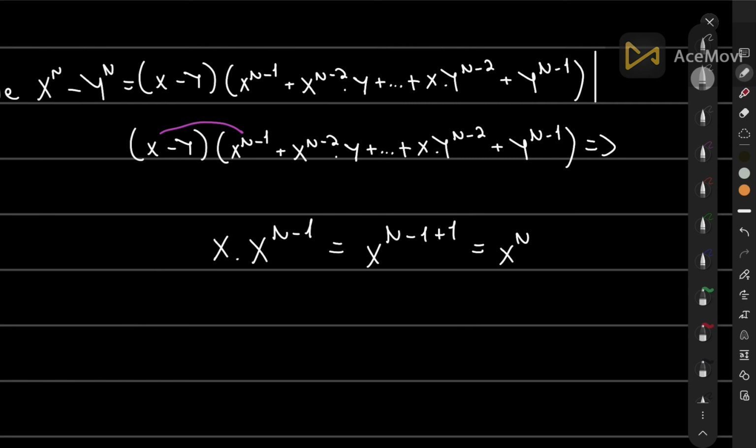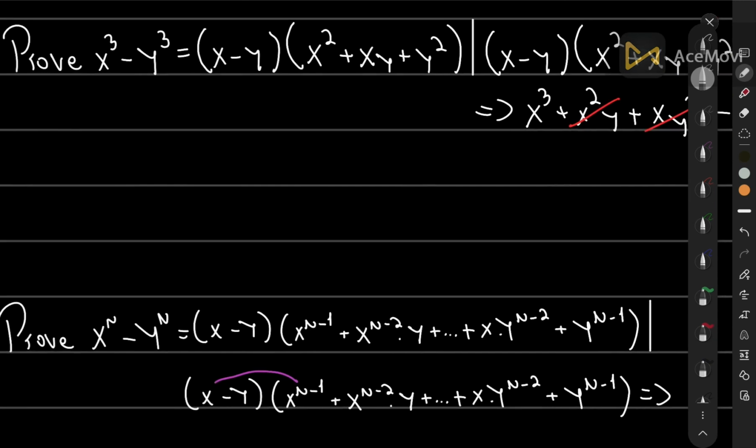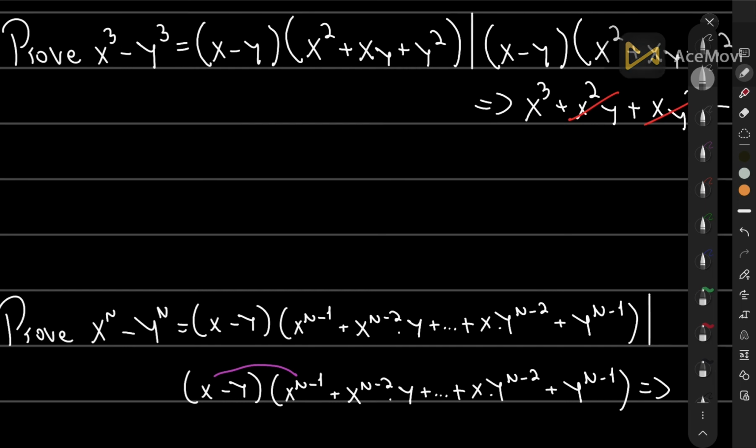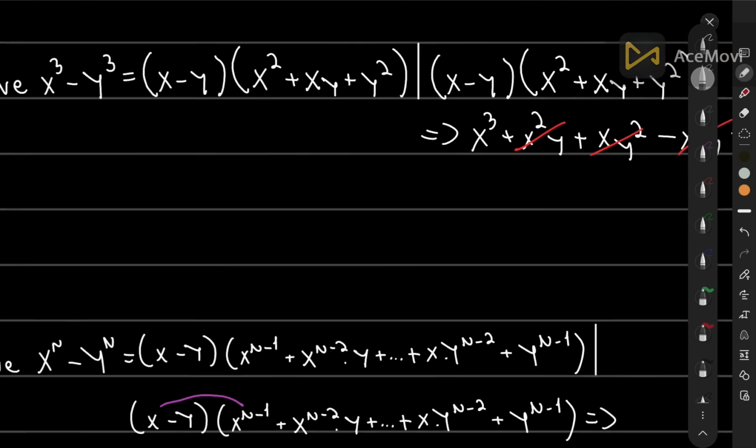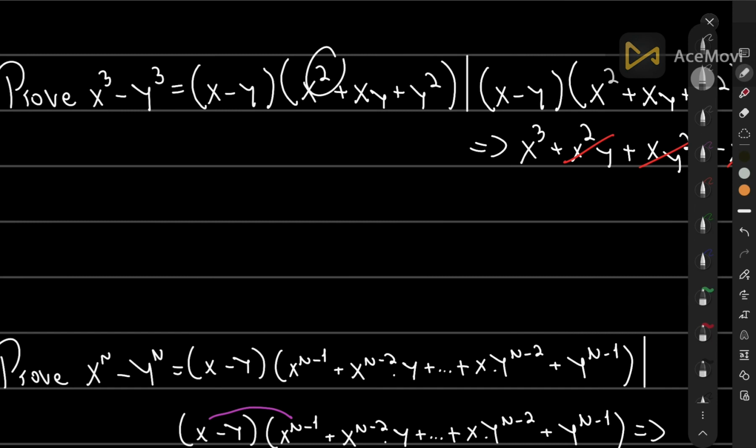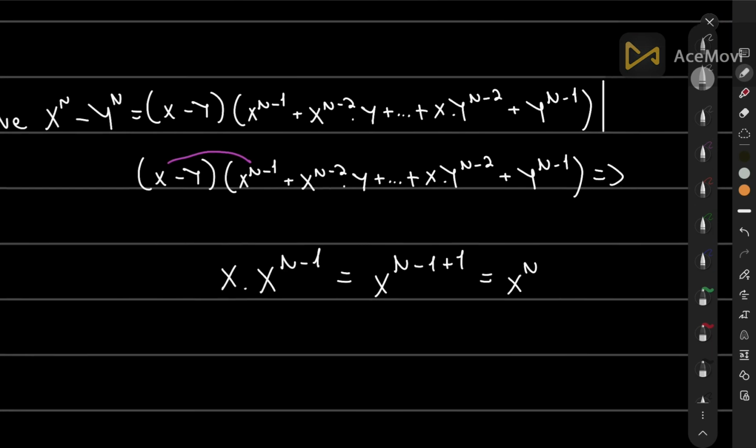We can also think of this in our case on the first one. Here we have x to the n, and here we have 3. So the first one is n, n minus 1, so 2. I hope I don't sound too confusing.